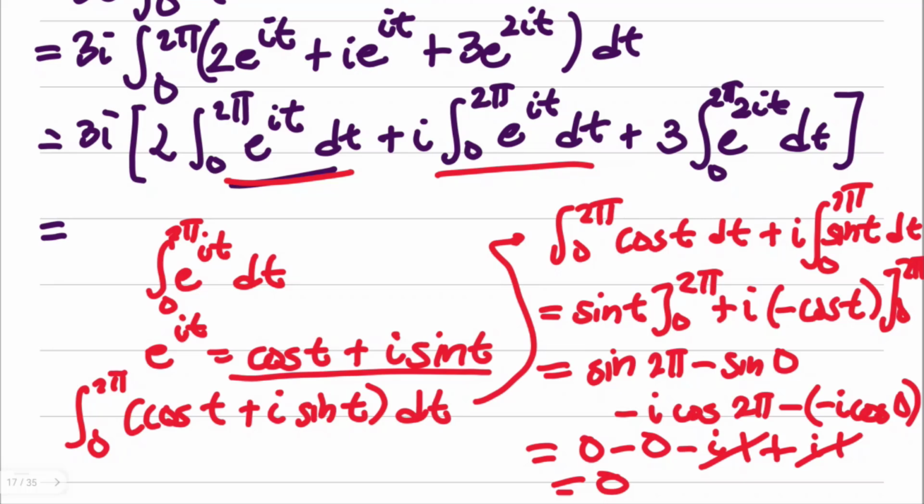In short, this will just be equal to 0. Even if I'm going to move some terms here, i and i here, so that it will become e to the power of u du, it will just complicate things. Because in the first place, the integral of e to the power of it dt from 0 to 2 pi is 0 itself.